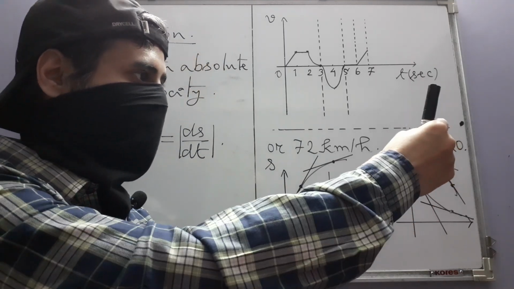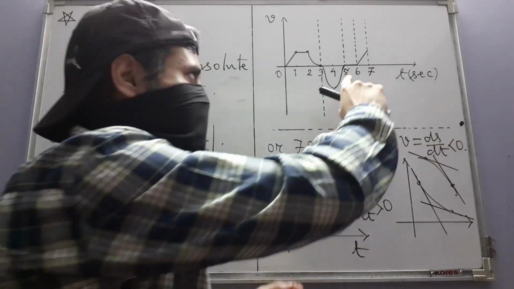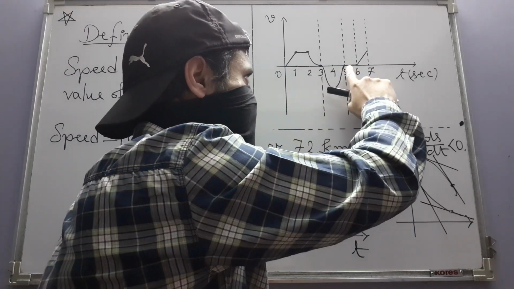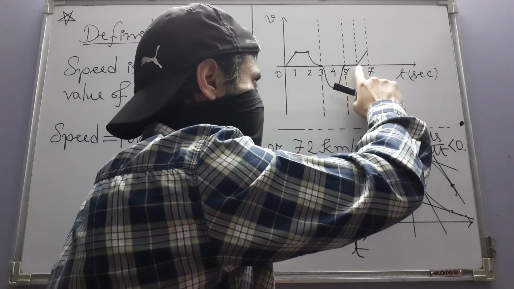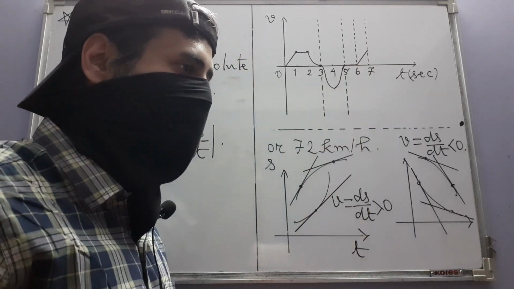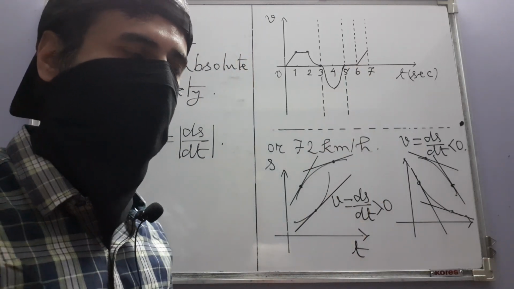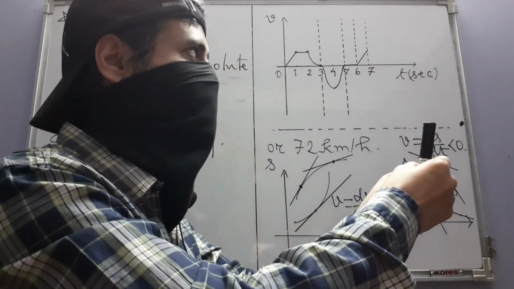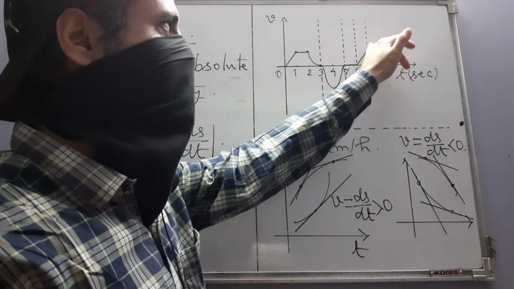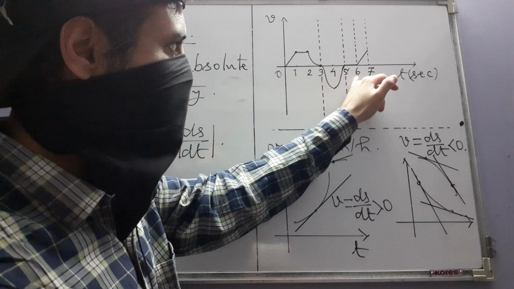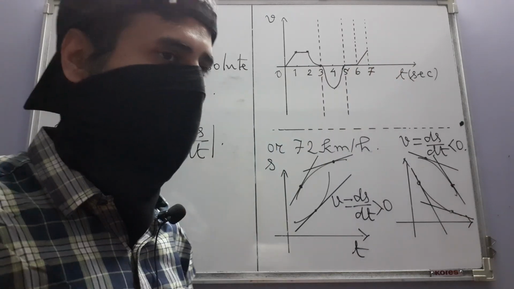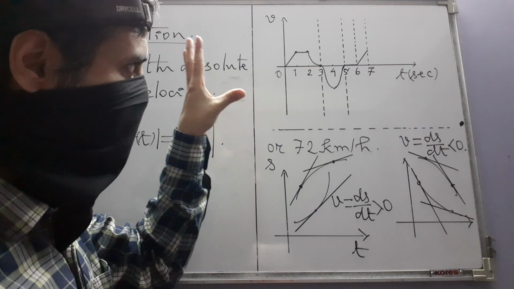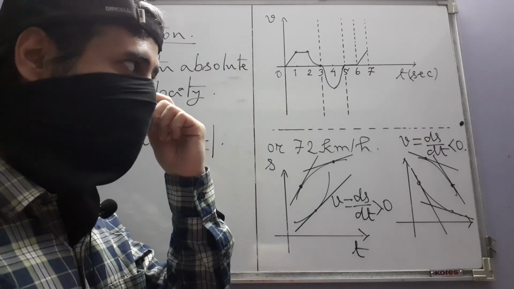After coming this much, at t equal to 5 seconds it stopped, and then the velocity between t equal to 5 and t equal to 6 is 0. That means the object is not moving. So it took rest for 1 second, then again it started going back with higher and higher velocity in the time interval between 6 and 7 seconds. That's how we have to interpret this graph.